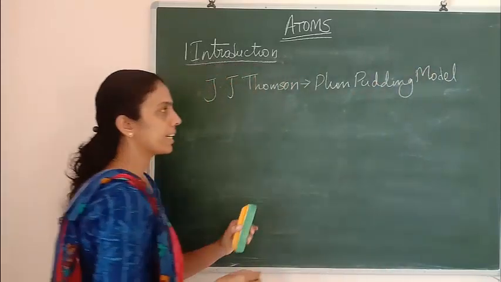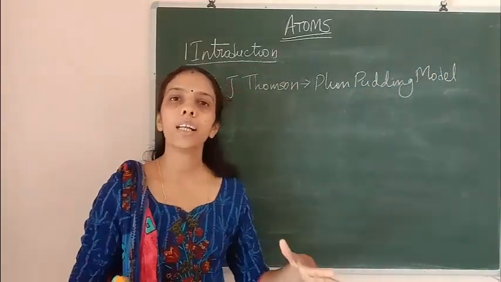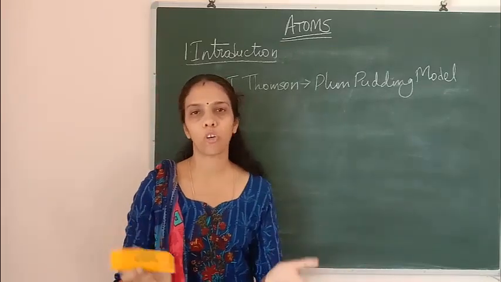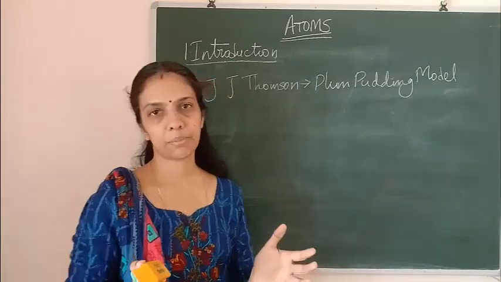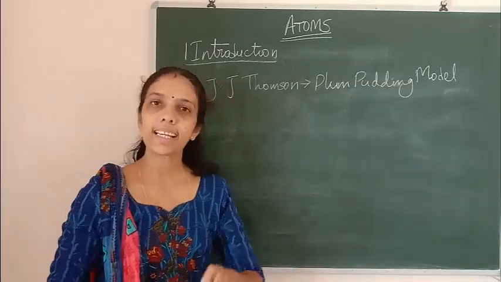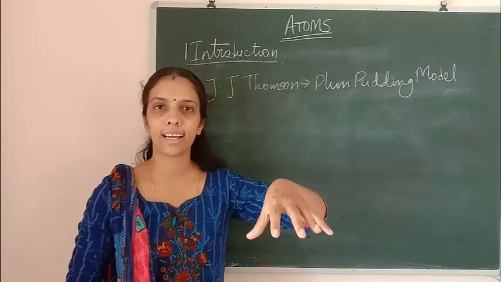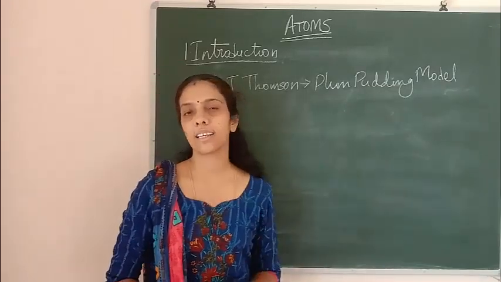He assumed that the positive charges are distributed throughout the volume of the atom. Inside the atom itself, all the positive charges are distributed, and inside that, electrons are distributed like seeds in a watermelon.